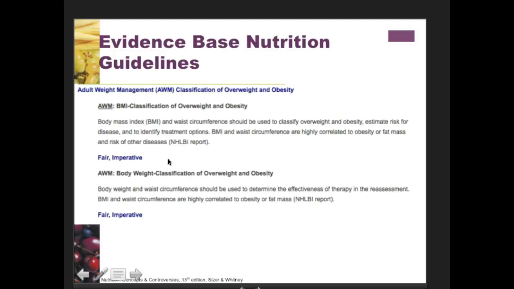If we have an individual with a high amount of muscle mass, they are going to come in as being overweight, which they're not. But in the general population, the excess weight is probably not an issue of muscle mass. It's probably a matter of having extra body fat. So this is how they go through, and they will give these ratings for each recommendation that might be out there. That's how we go about the evidence-based nutrition guidelines.